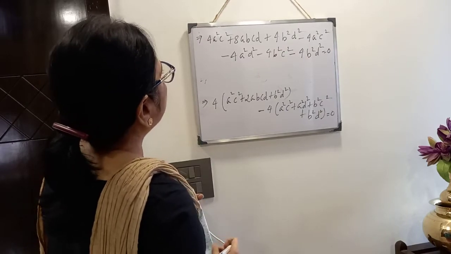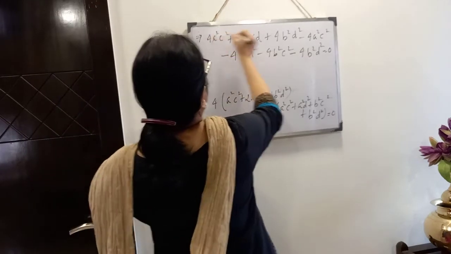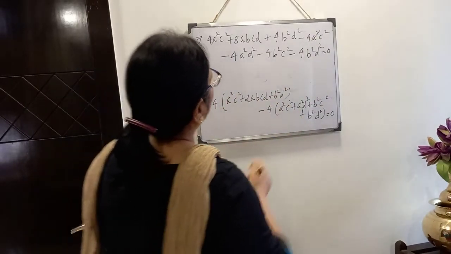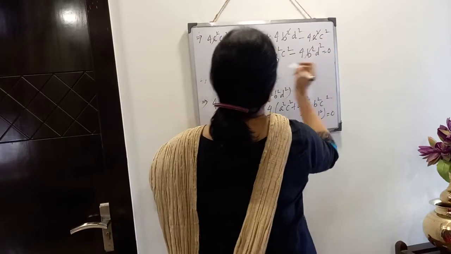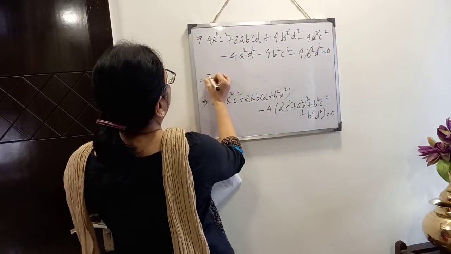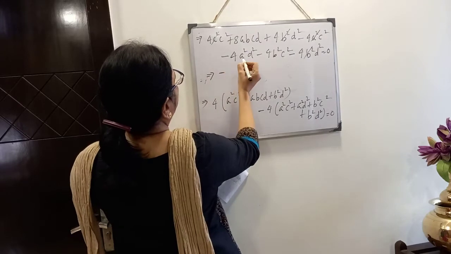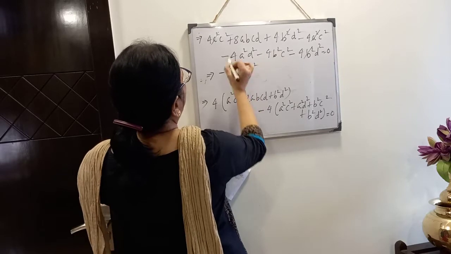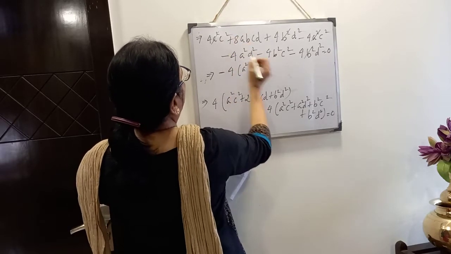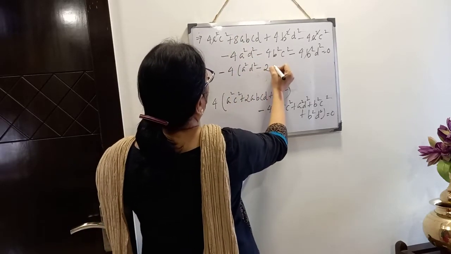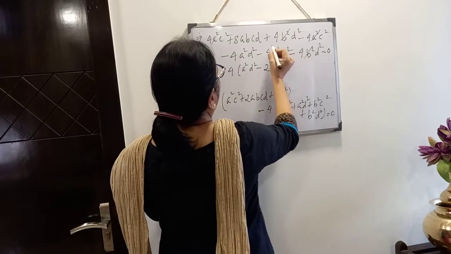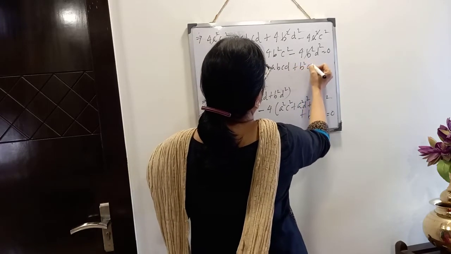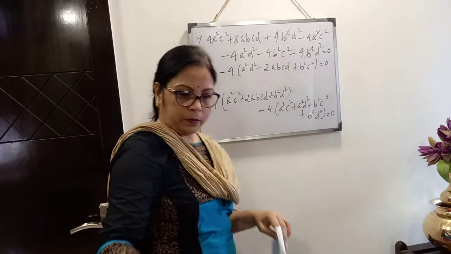Now anything is cancelled. Okay. This one 4a square c square, 4a square c square, and 4b square d square cancel out. Now minus take common and 4 also take common, so it is becoming a square d square minus 2abcd plus b square c square equal to 0.